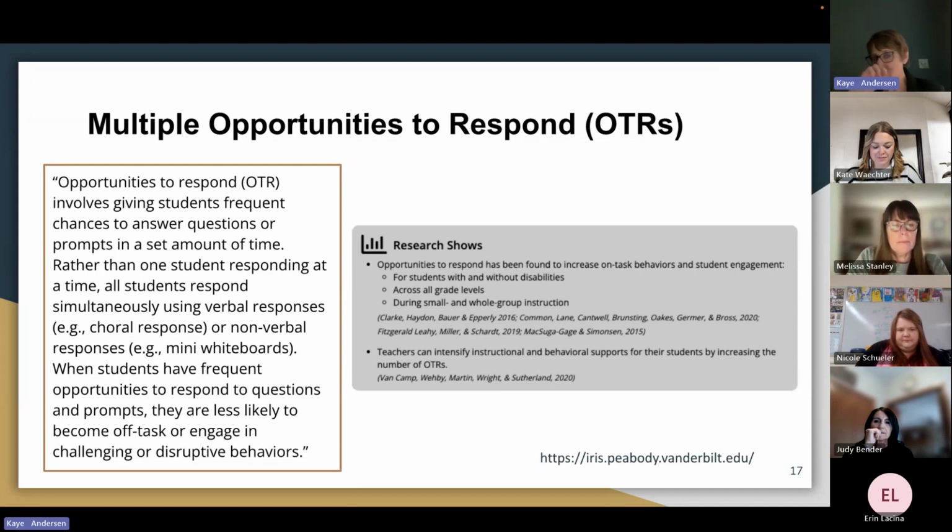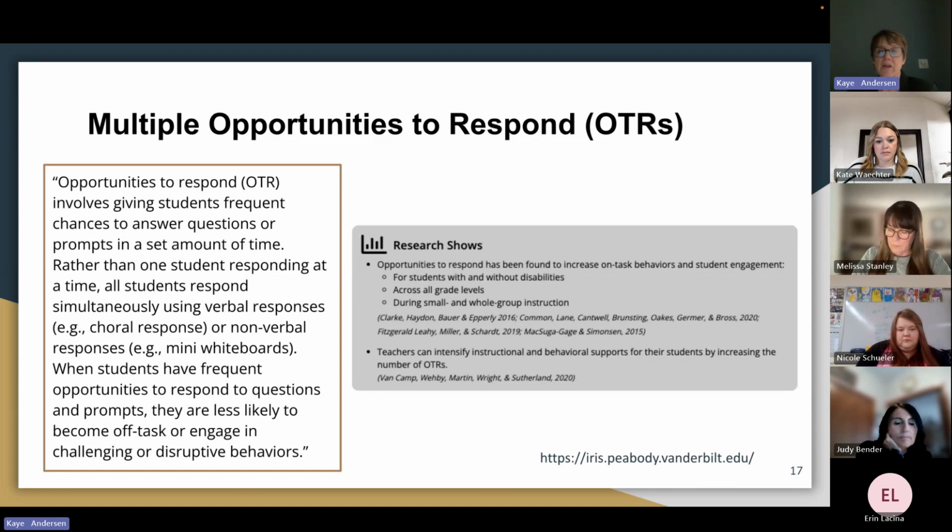Often we hear multiple opportunities referred to as OTRs, opportunity to respond. Research is very clear that the more opportunities we give students to respond, the more output that comes from them and not just input that's going into them. We will have better on-task behaviors, we will have better engagement, and this doesn't matter whether we're talking about students with disabilities or without disabilities.